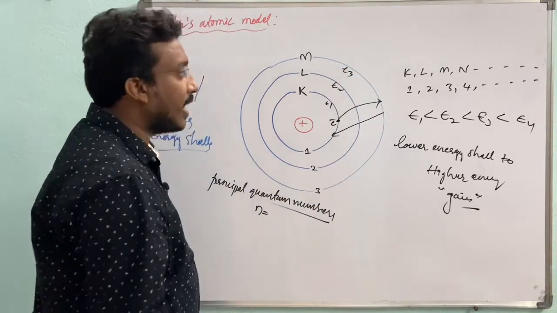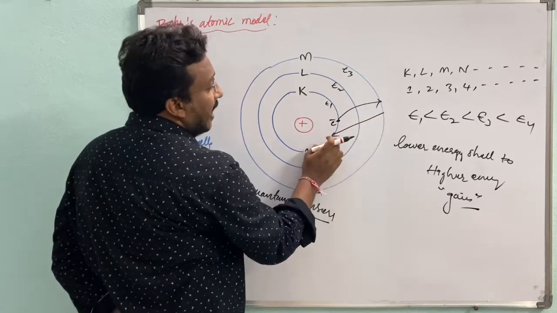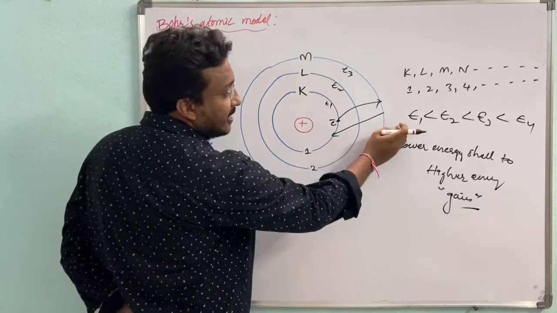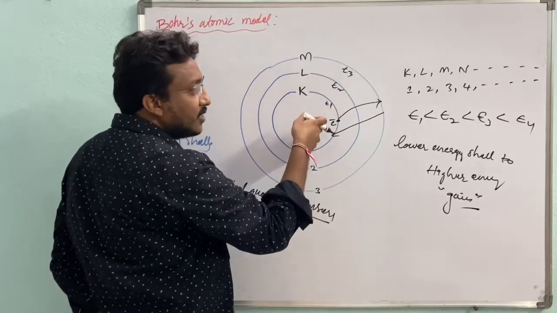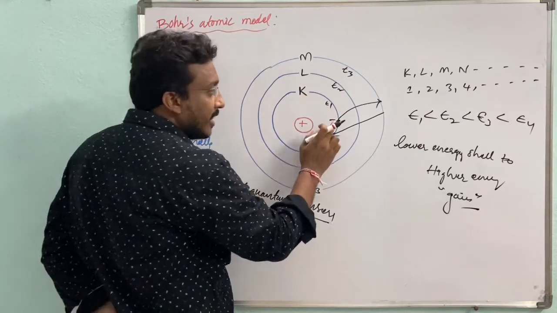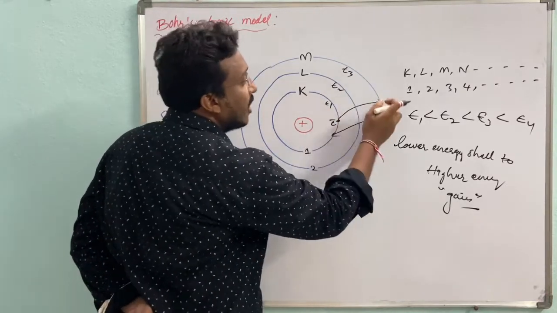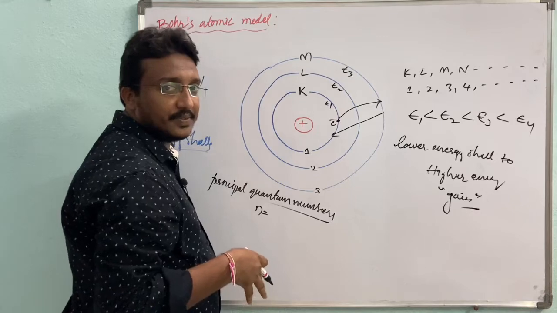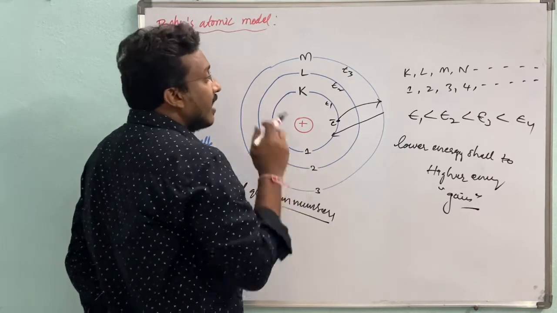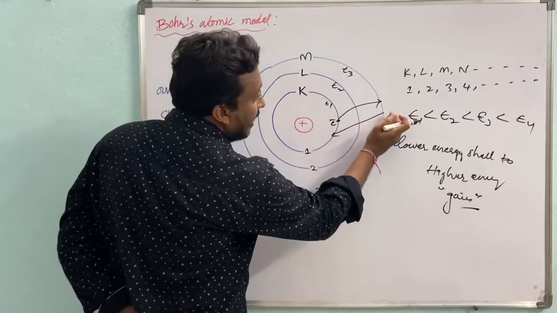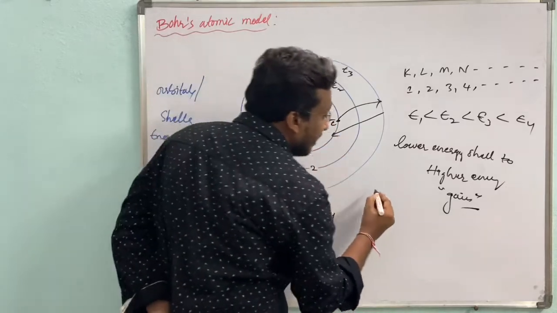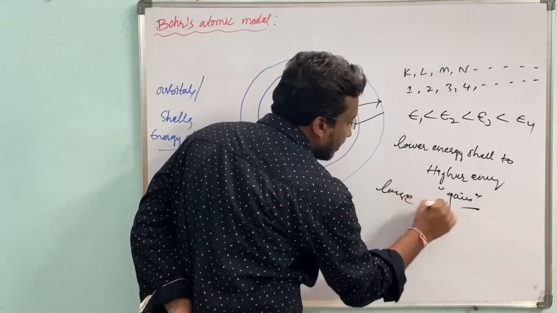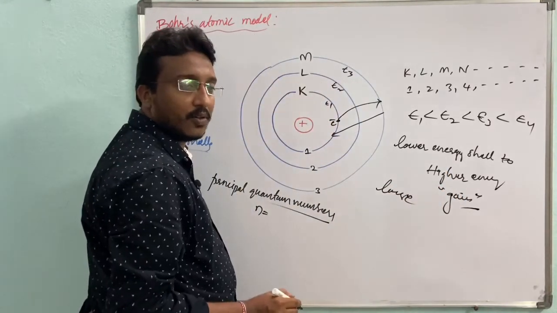Got it? When the electron jumps from lower energy to higher energy, it gains energy. When the electron jumps from higher energy to lower energy, it should lose energy, right?